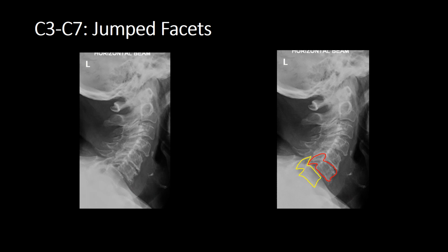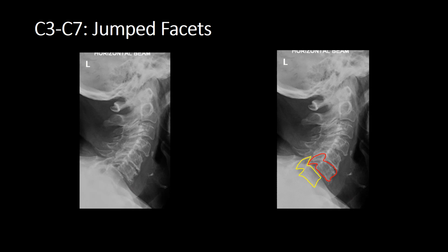So now we have jumped facets. This is a dislocation. This is where the facet joints of the superior vertebra move forward in front of the facets of the vertebra below. This is a really bad injury.